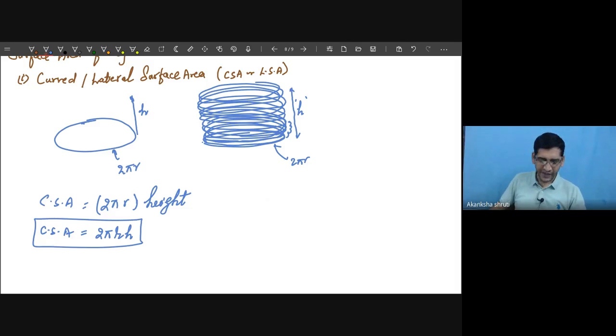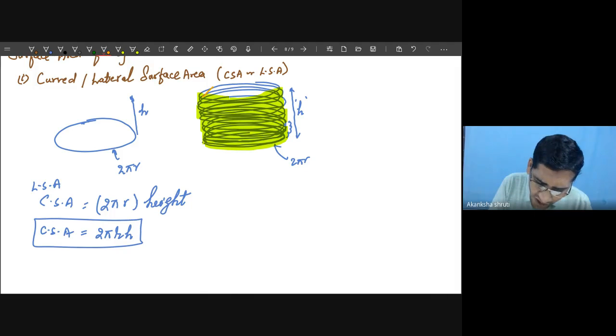Getting it, students? Whether you write CSA or LSA, they mean the same thing. Now the second kind. What we have calculated is only this curved boundary length. Still left are the top and the bottom.